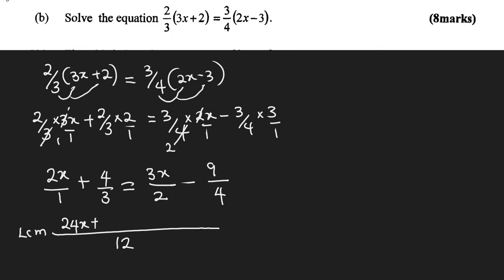Then we have plus 12 divided by 3 is 4, and 4 times 4 is 16, equals to 12 divided by 2 is 6, and 6 times 3 is 18, so we have 18x minus 12 divided by 4 is 3, 3 times 9. So we can cancel the denominator. Why? Because there is the presence of the equality sign. Remember, I told you whenever we are manipulating fractions that have an equality sign, after taking the LCM, we cancel the LCM.